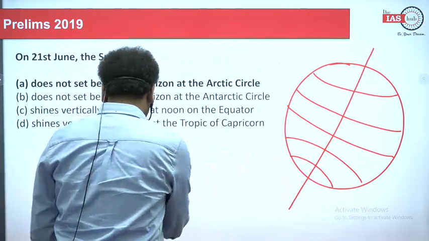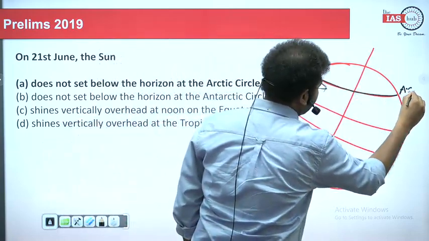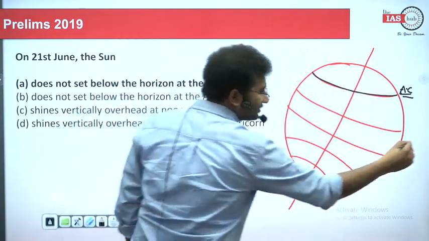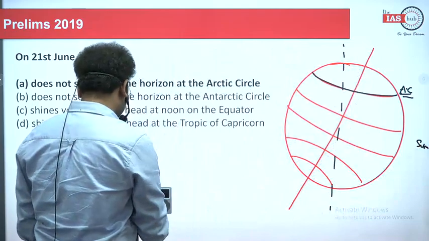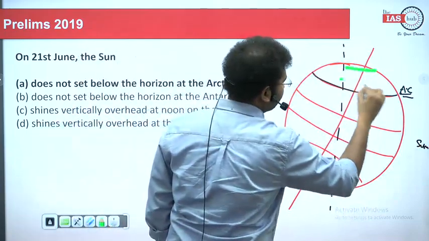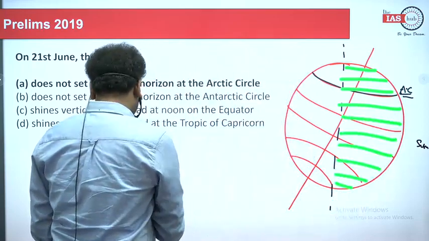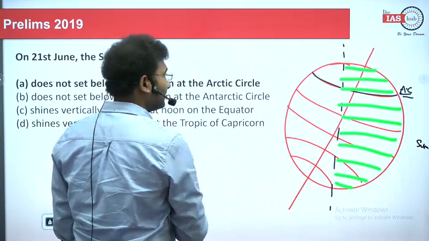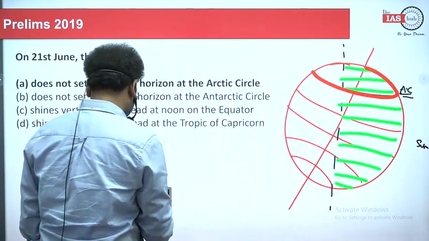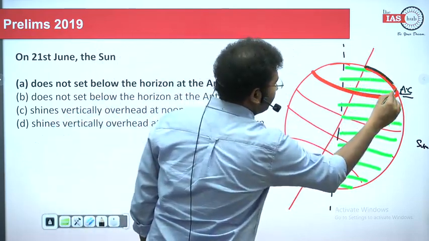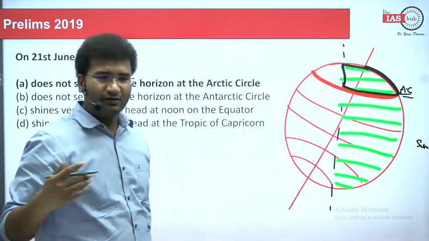So where is the Arctic Circle? Imagine your sun is here. Okay? That means this is the part of the area where you will have the sun rays. Basically, from this point onwards, from here to this part of the area, the sun is always present.